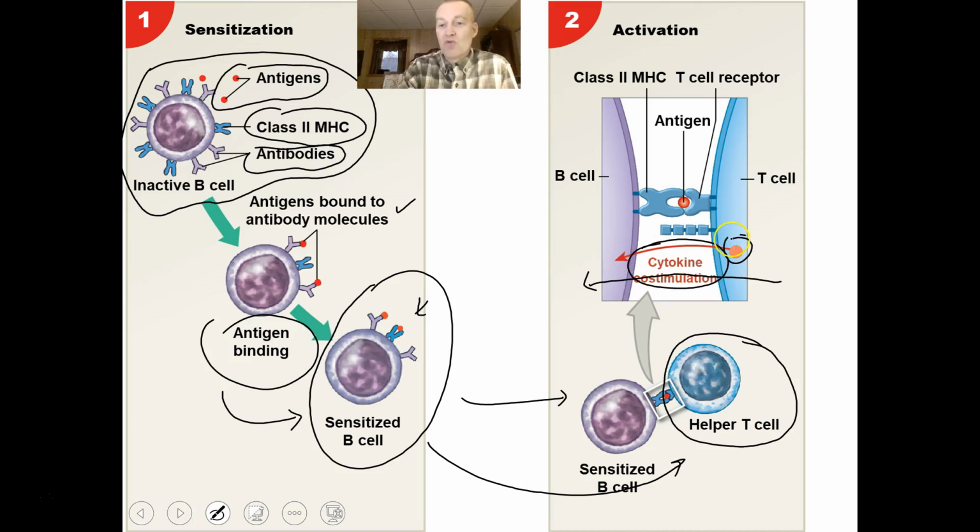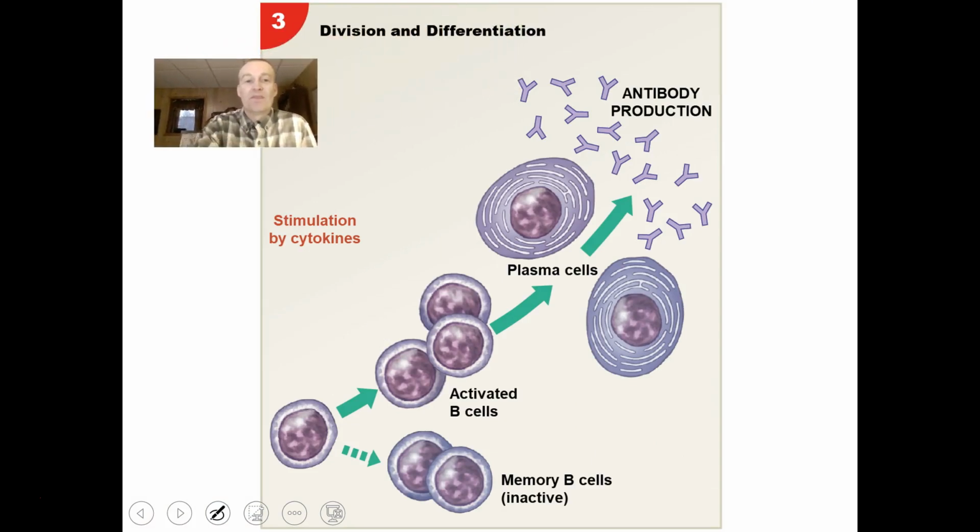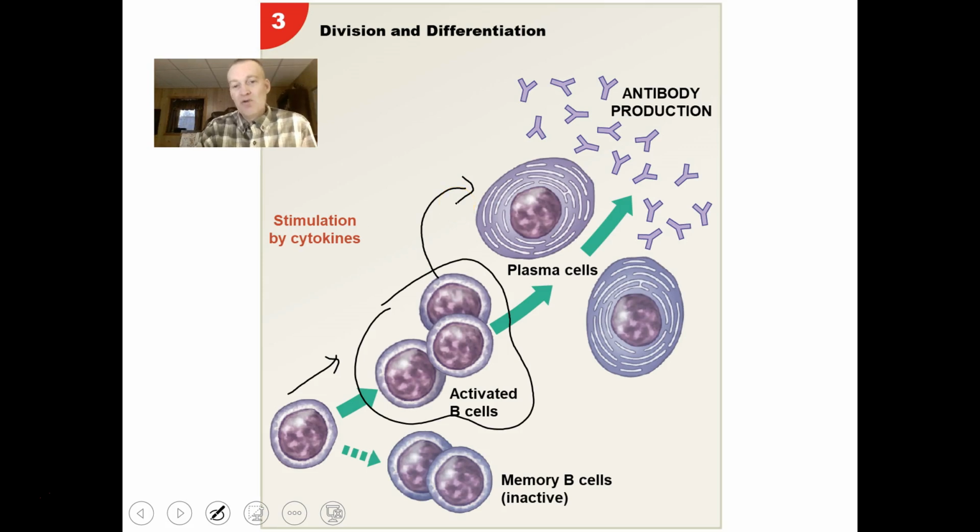Those hormones are going to leak across and activate that B cell. Once that B cell is activated, it's going to clone itself, and it's going to become many of the same. I mean, they're clones. They're genetically identical. So that B cell is going to become very quick to go through cell division, and then these activated B cells will differentiate into plasma cells.